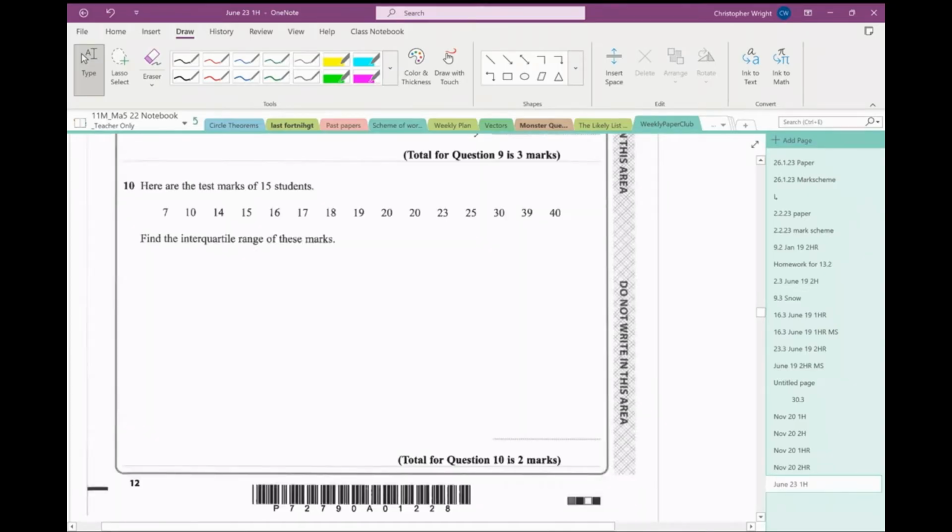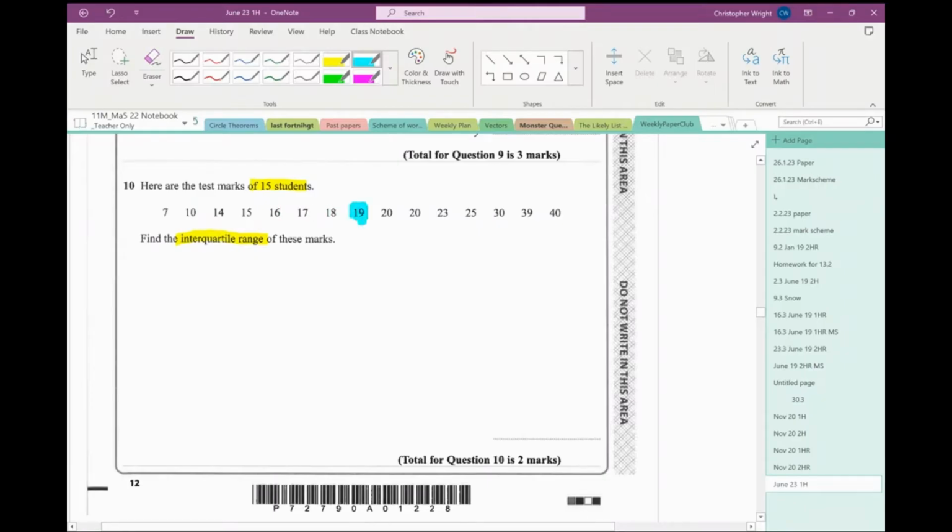Number 10. The test marks of 15 students, 1, 2, 3, 4, 5, 6, 7, 8, 9, 10, 11, 12, 13, 14, 15, and I see they're in numerical order. Find the interquartile range. Right, well, the median of 15 is going to be the 8th. 1, 2, 3, 4, 5, 6, 7, 8.